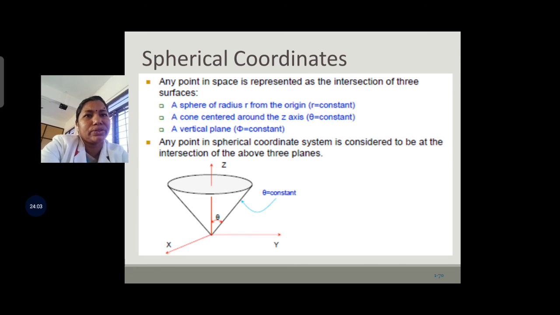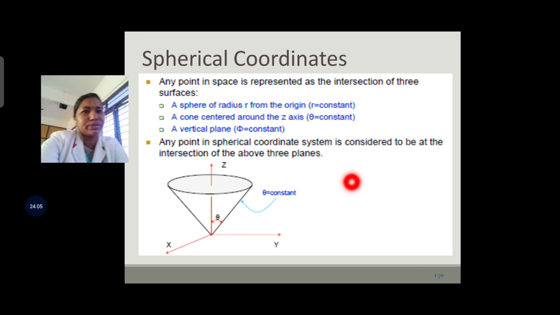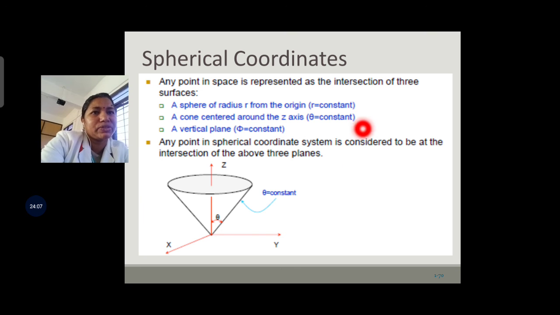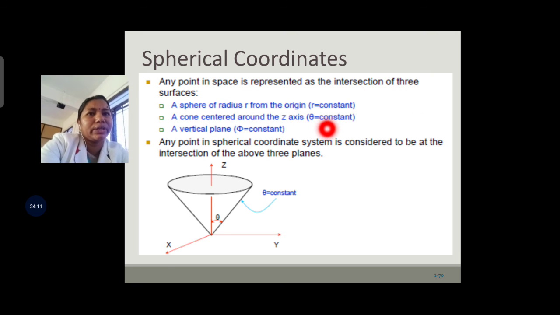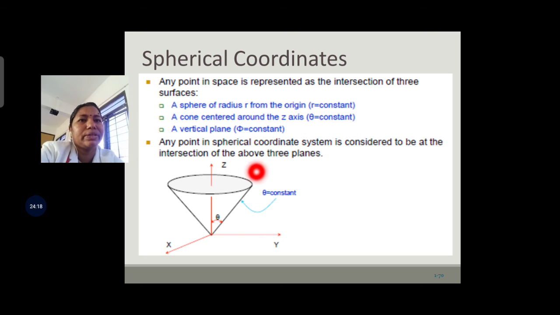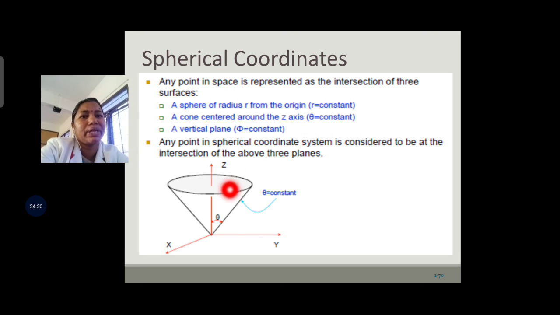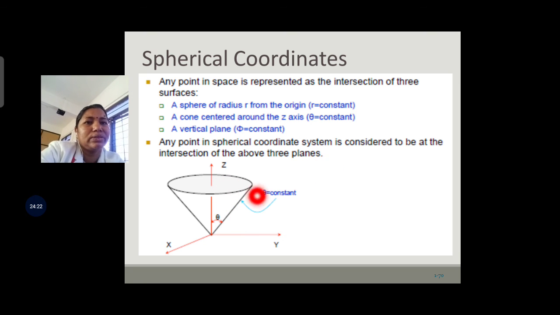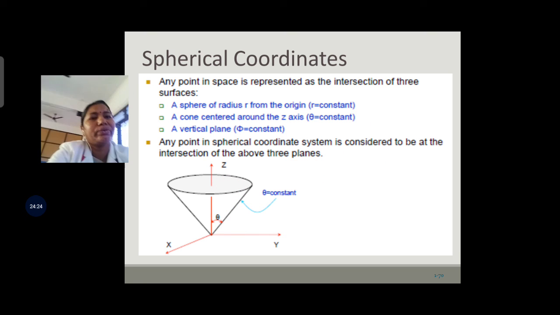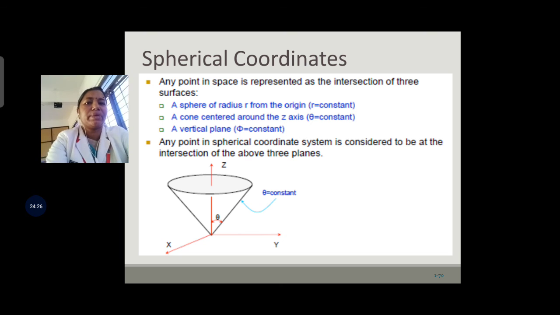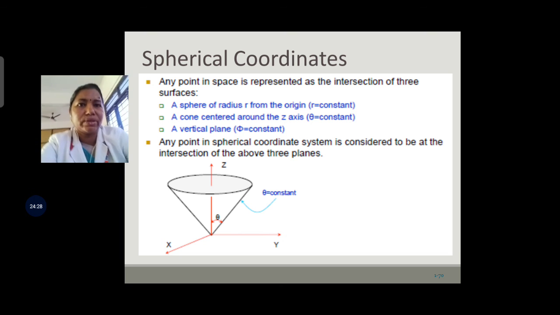Next we are going to study about spherical coordinate system. Any point in space is represented as the intersection of three surfaces. So for a sphere of radius r from the origin, r theta phi. First we have studied the rectangular coordinate system, in rectangular we have x, y, z.